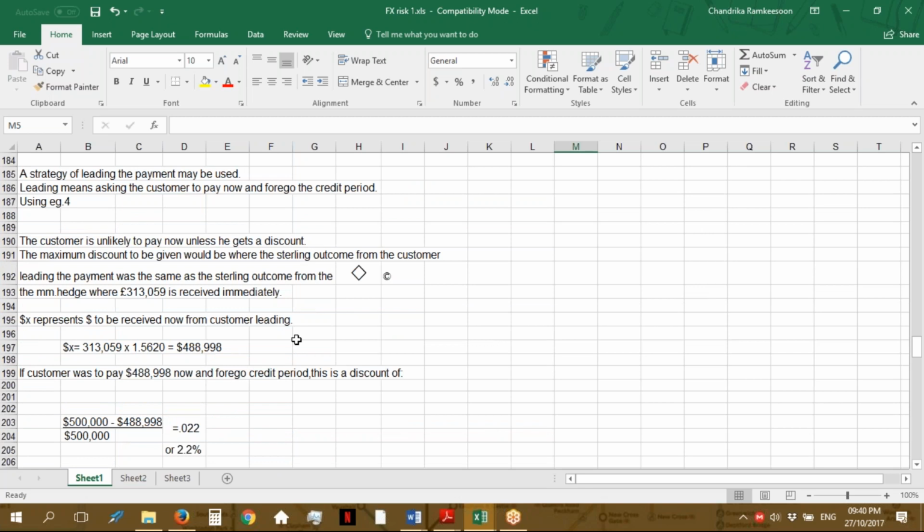Remember what we're saying: the maximum discount to be given would be where the sterling outcome from the customer lead-in was the same as the sterling outcome from the better hedge, which in this case was the money market. So what we want to work out is how much in dollars, when received today and sold to the bank, converted into sterling, will amount to 313,059.